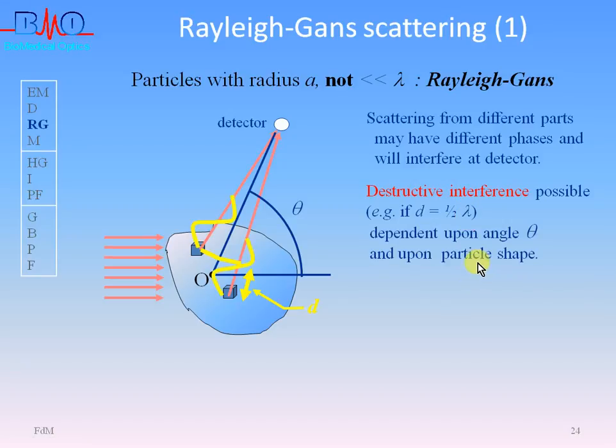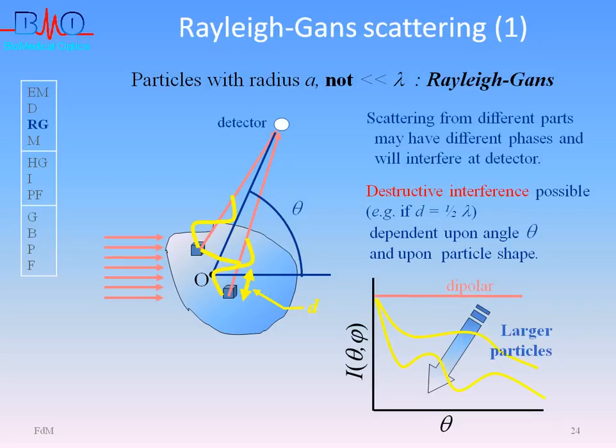And of course that's dependent upon the angle and the particle shape. And this means that for theta, the following relation holds, that the I function will be decreasing as a function of theta, and it will decrease more when the particles grow larger.